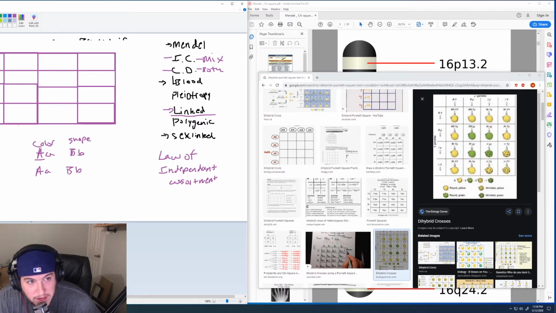So we're going to go capital A, capital B. And then we're going to do the first letter with the second letter, so capital A, lowercase b. And then you do the second letter with the first letter, lowercase a, capital B, and then the second letter with the second letter, lowercase a, lowercase b. And then you do the same thing for the other parent. It just so happens to be the exact same, so we do the same thing.